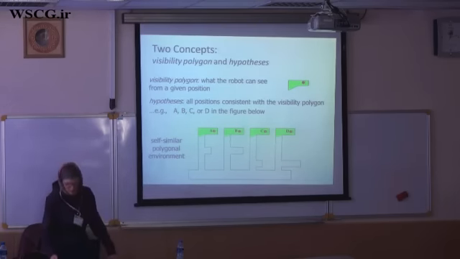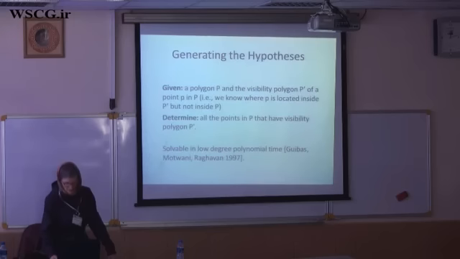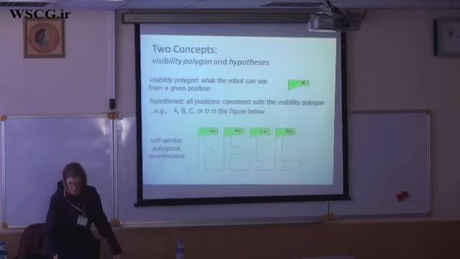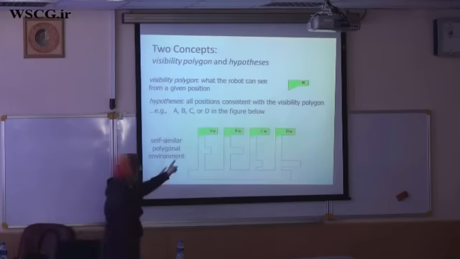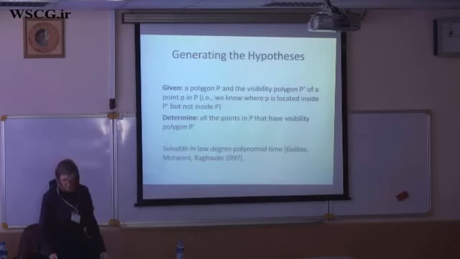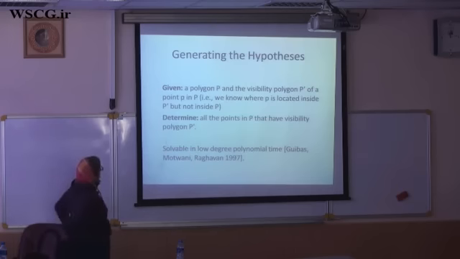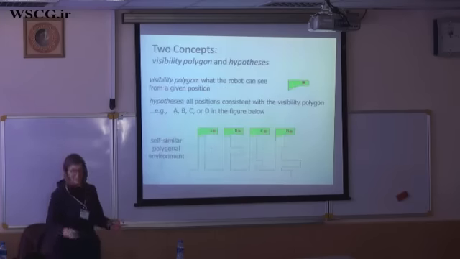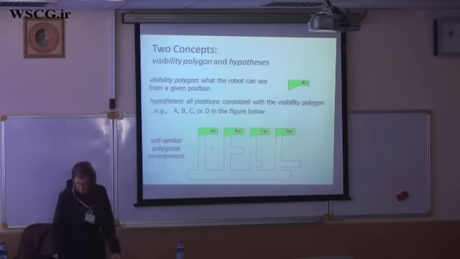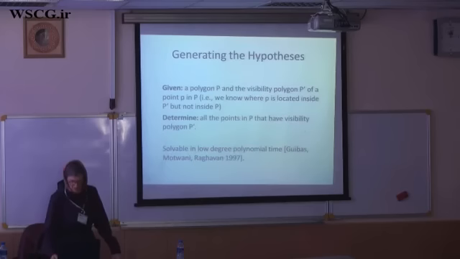So that's the problem. So generating the hypotheses, how do we, in general, go about figuring out where those A, B, C, D red dots are, the hypothesized initial locations? So the problem is this. We're given the polygon. We're given that green P prime visibility polygon that the robot sees when it wakes up.